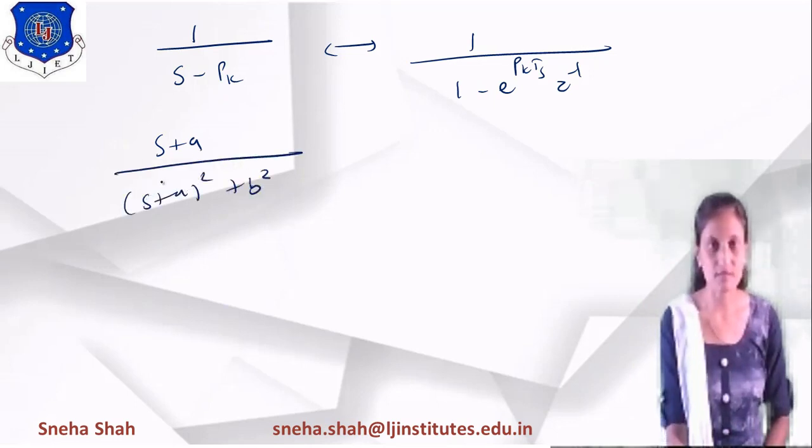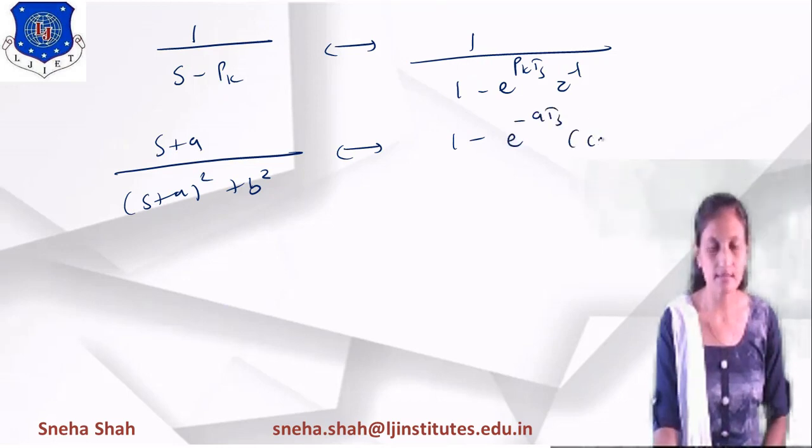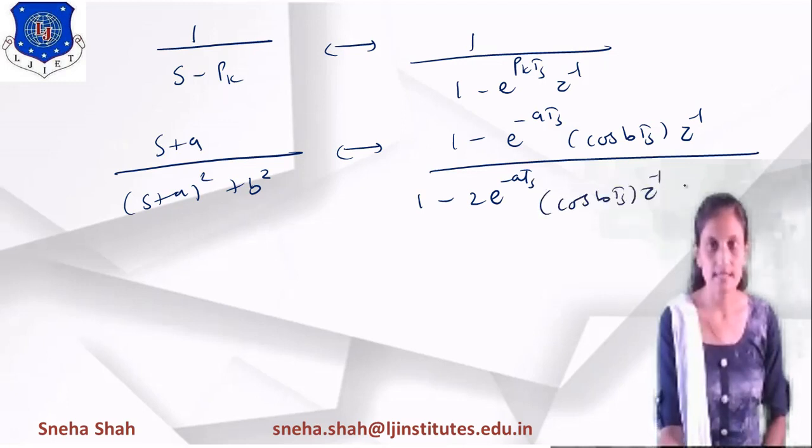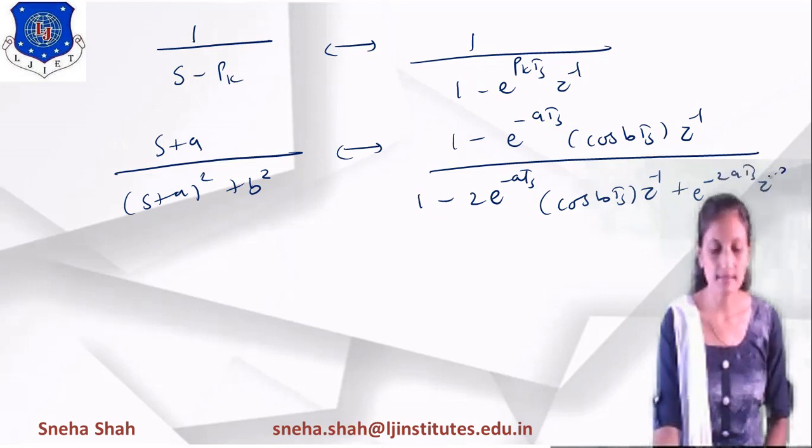As you know, this is the equation for cos. The result will be 1 minus e raised to minus aTs cos bTs into z inverse upon 1 minus 2 e raised to minus aTs cos bTs z inverse plus e raised to minus 2aTs z raised to minus 2.